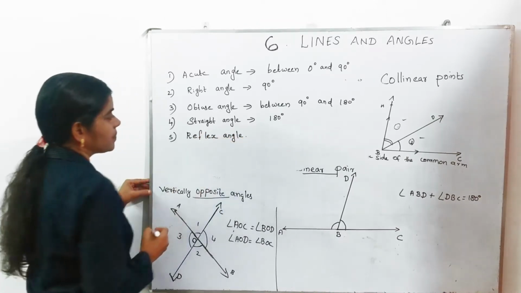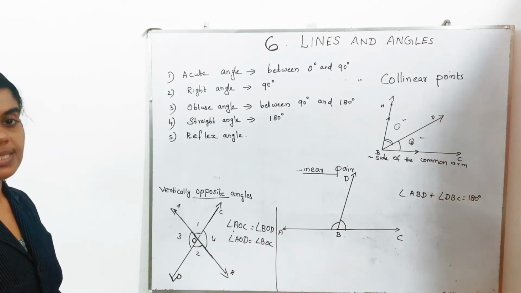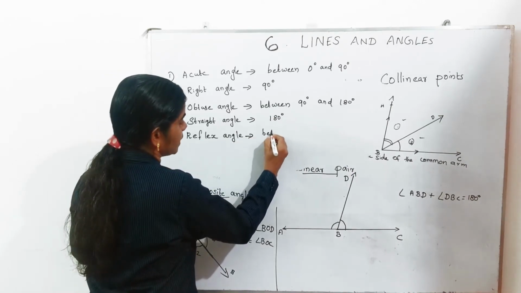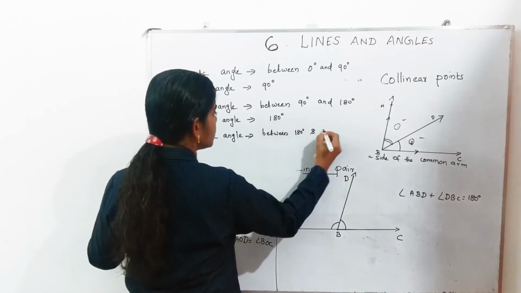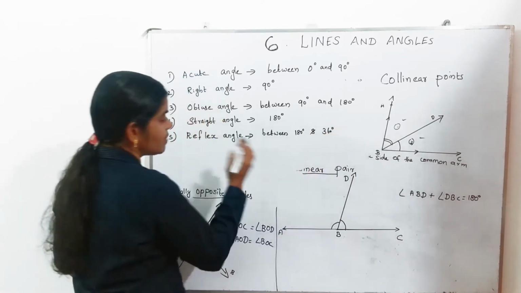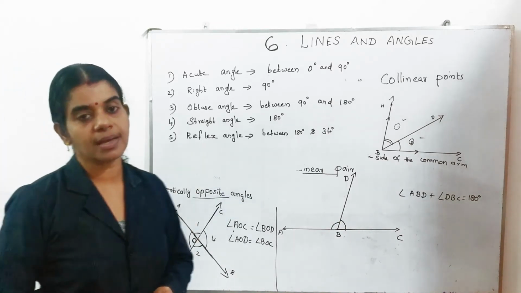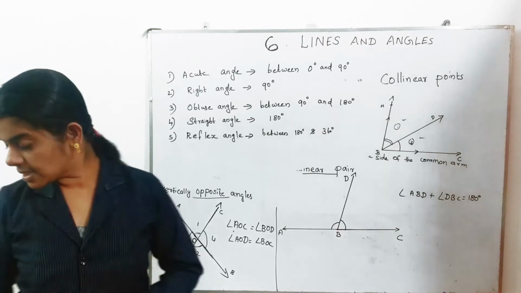Reflex angle will be more than 180 degrees and less than 360 degrees. Between 180 degrees and 360 degrees, all angles are known as reflex angles. Clear this?